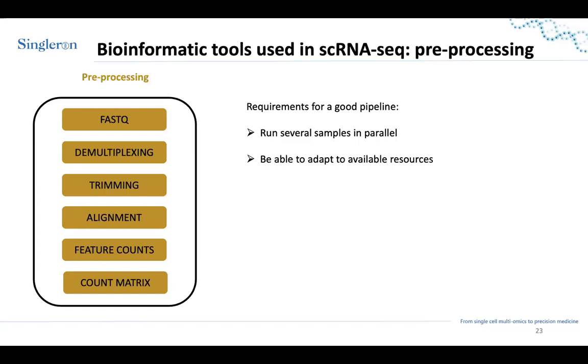Another important requirement is that it should be able to adapt to available resources. For example, here, the different steps will require different resources. The alignment, for example, there are different alignment tools, but one of them is STAR, and the STAR aligner requires 32 gigabytes of RAM, which is a lot. So it needs 32 only for itself, but the other steps do not need 32 gigabytes.